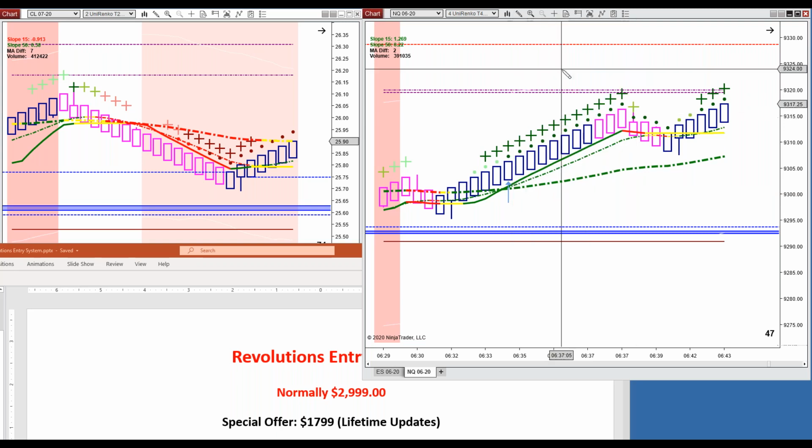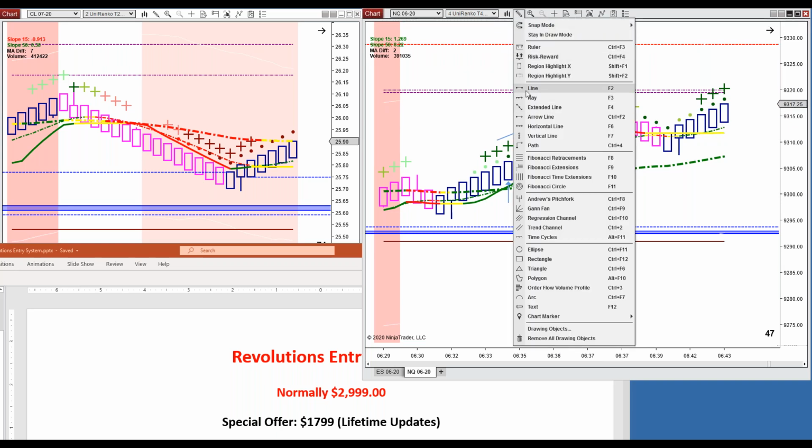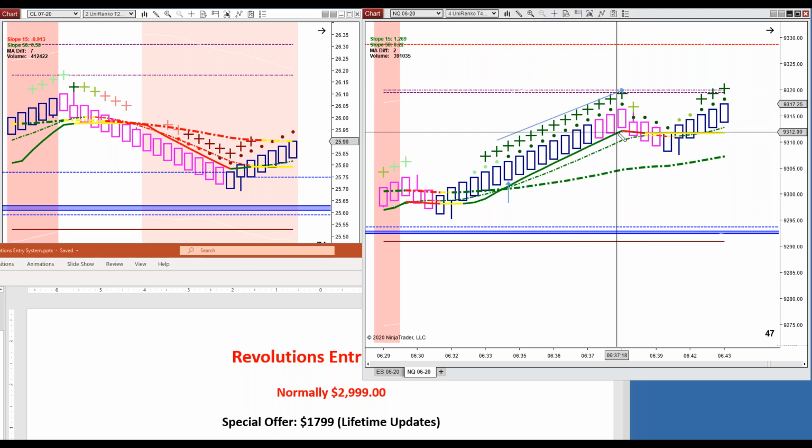You got the triangle here. Now this is a discretionary way you can exit the trade. It's going to continue up until the trend line, which is this line here, turns color. So you turn red here, that will take you out of the trade.